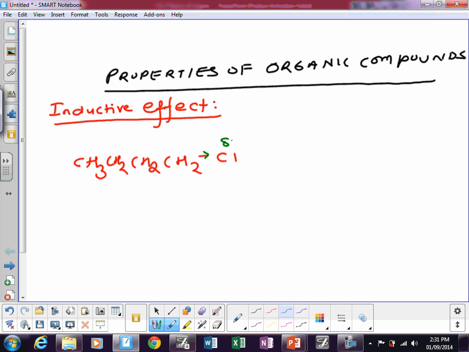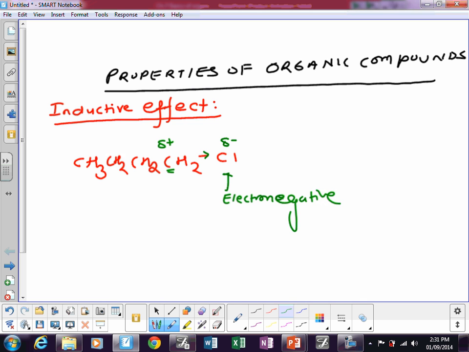Chlorine is partially negative and carbon is partially positive because chlorine is an electronegative element compared to carbon. So it pulls the electron pair towards itself, and that's why it develops partial negative charge and carbon develops partial positive charge.